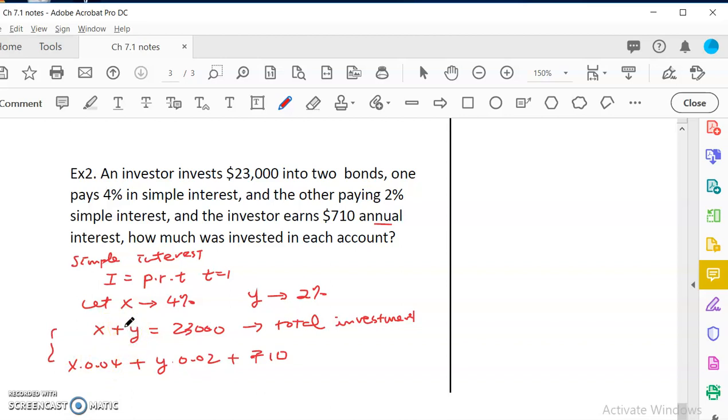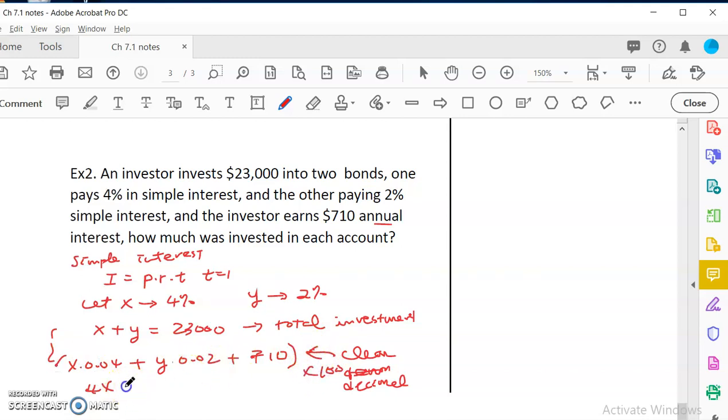So this is an example where you have a decimal. Clear the decimal. The second equation becomes 4x times 100, right?